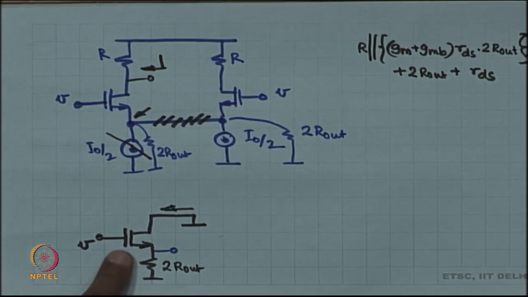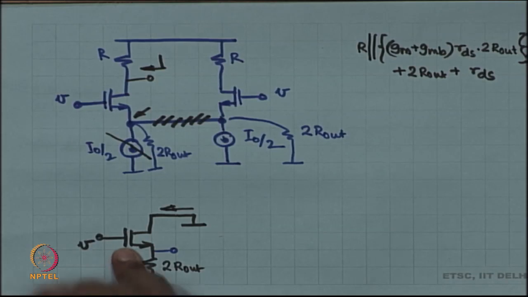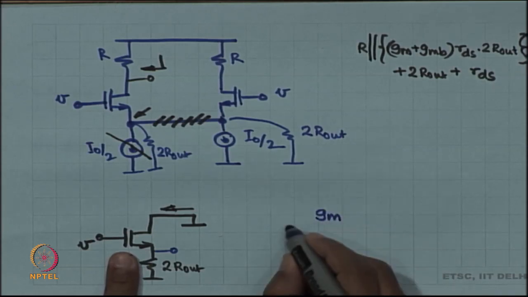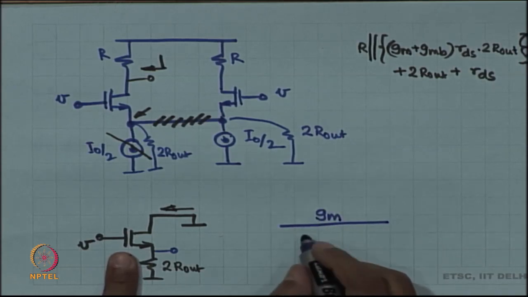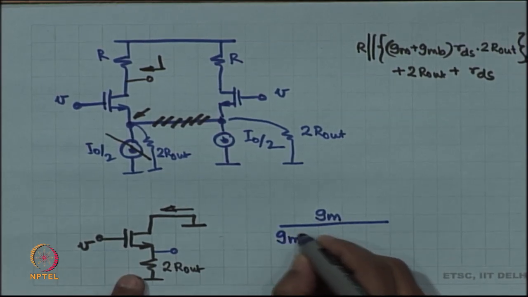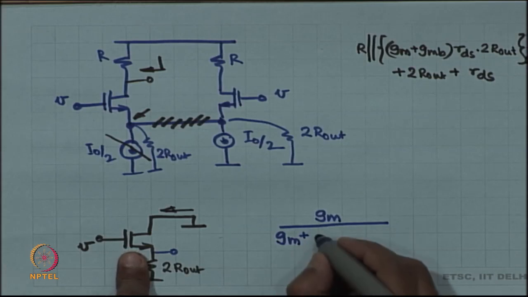Think a little bit. So, if you think, you can remember that this common drain circuit has a gain which is slightly less than 1. Slightly less than 1 means its gain is going to be some GM divided by something. What thing would it be? GM plus body effect, plate spoil sport over here.